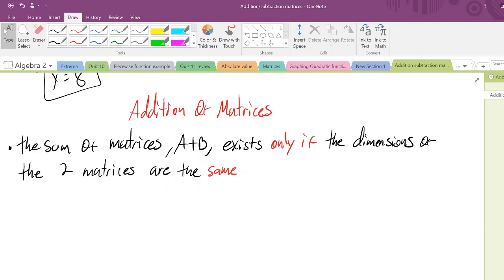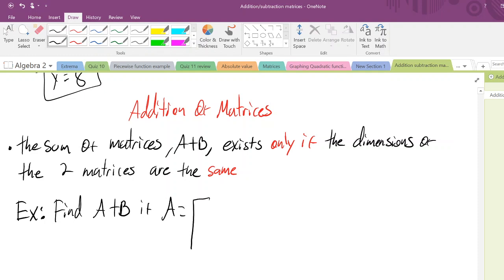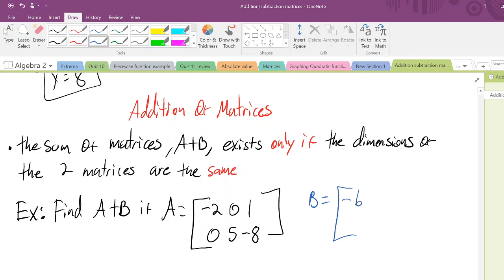For example, find A plus B if A is equal to [-2, 0, 1; 0, 5, -8] and B is equal to [-6, 7, -1; 4, 3, 10].